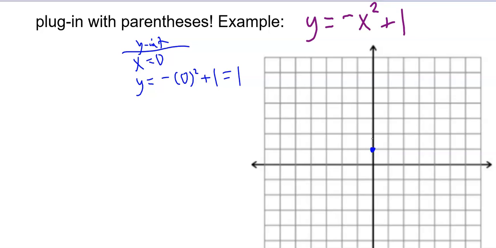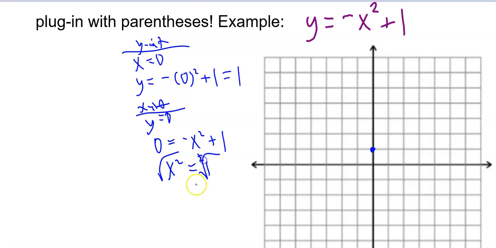Plug in y equals 0 to find the x-intercept: 0 equals negative x squared plus 1. I'm going to add x squared to both sides, so x squared equals 1. Square root both sides, don't forget plus or minus. x equals plus or minus 1. So I have points at 1 and negative 1 for my x-intercepts.